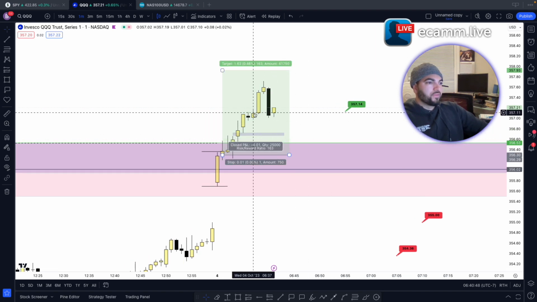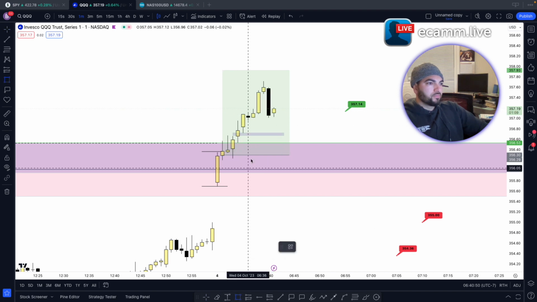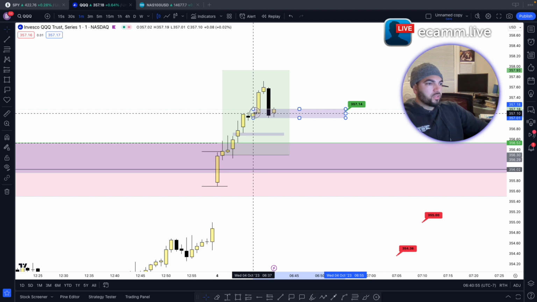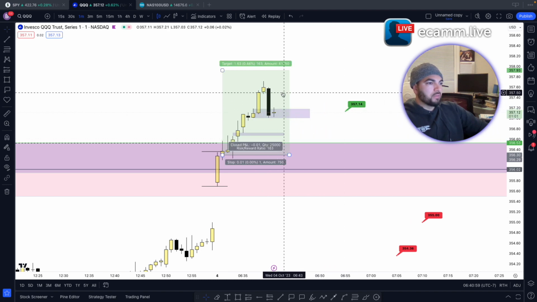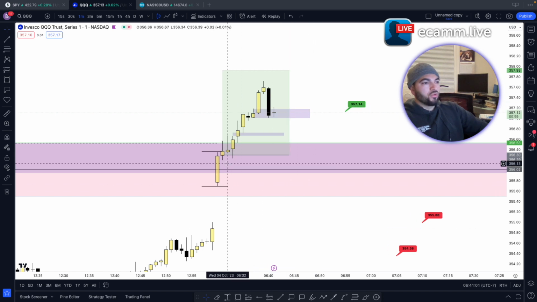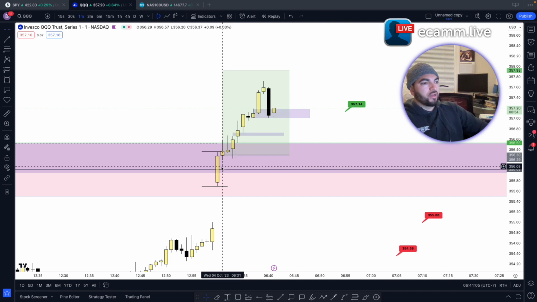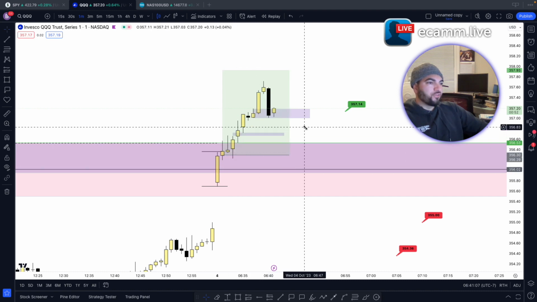So we also have this demand zone here. This will definitely be my only trade for the day. When this type of price action happens and you get in right here, just like I did, right near the bottom, you really can't ask for more than that.